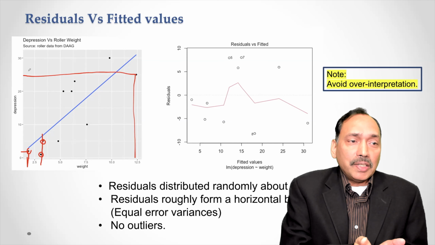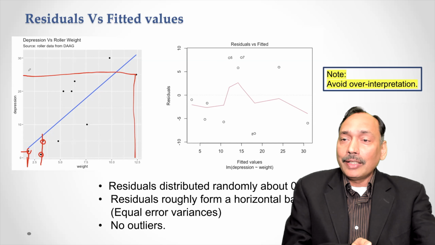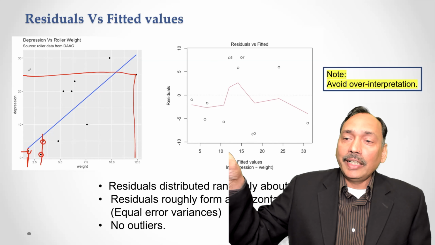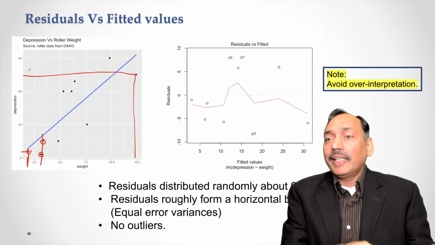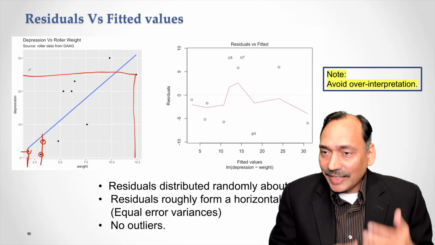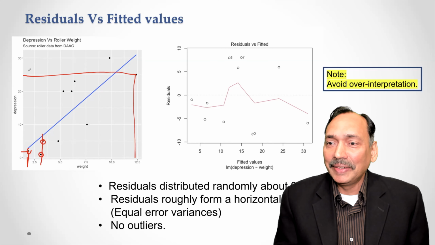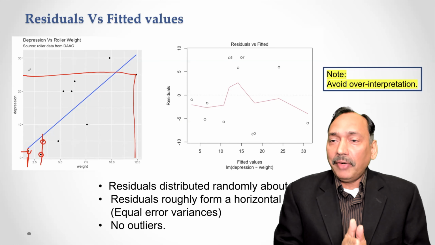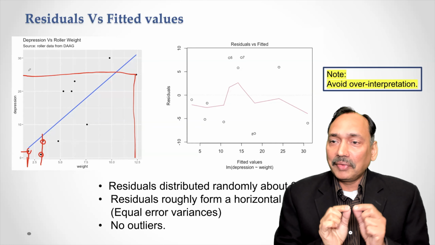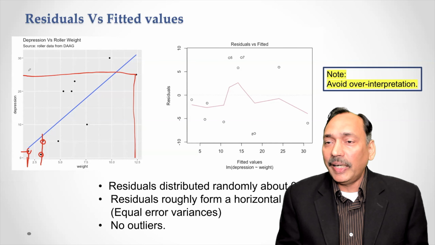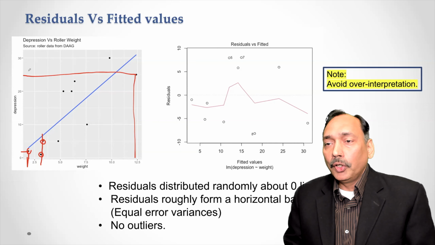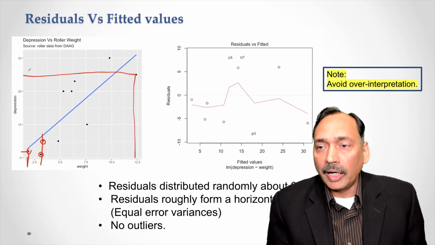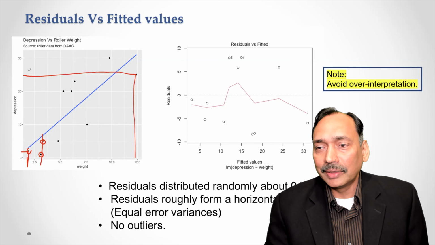Why are we getting less depression when weight is low, and why are we getting higher depression when weight is high? So we can say because of the higher weight. So that is the explained part. We can explain that. But at the same weight, if there is a variability, that cannot be explained by our model, and that becomes the error part. So that is the unexplained part.